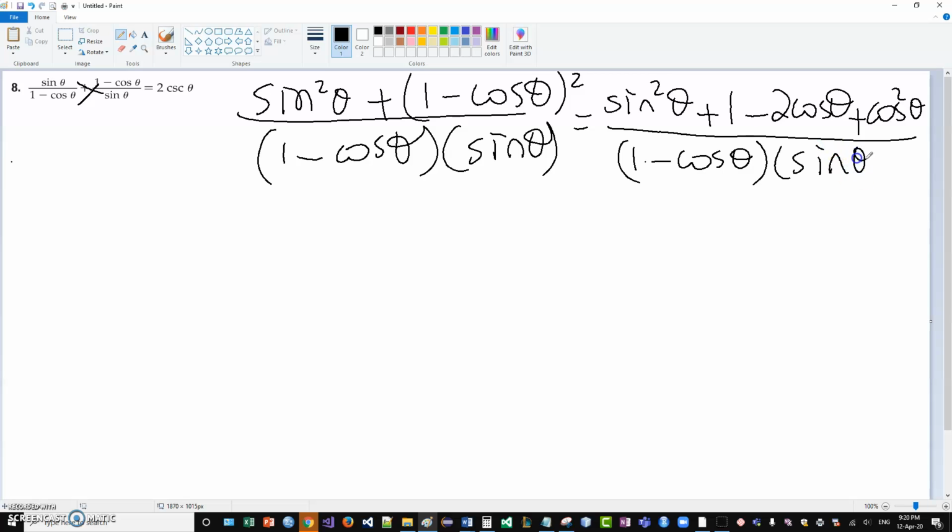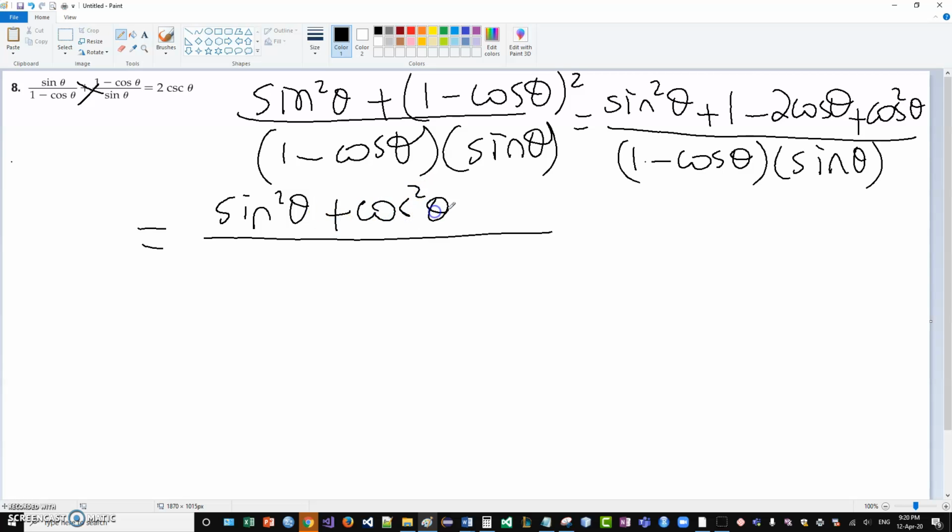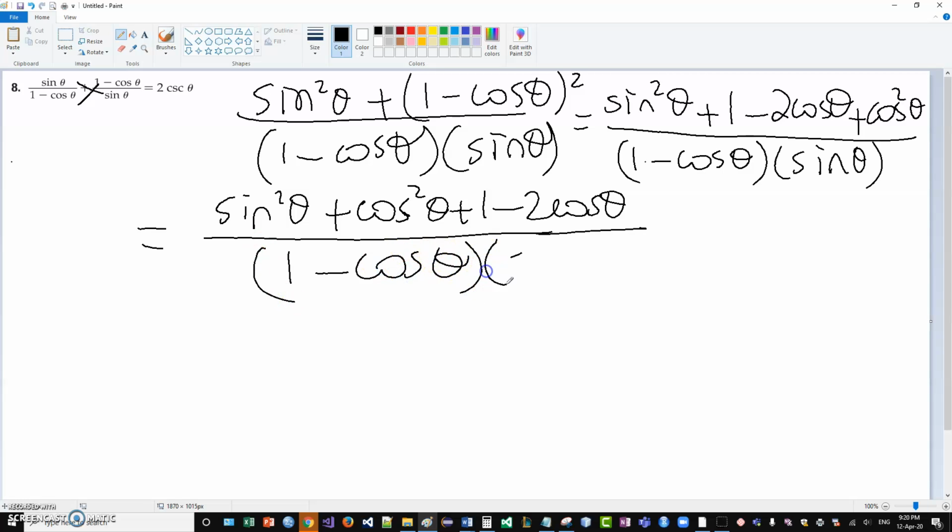times sine theta. So we have sine squared theta plus cosine squared theta plus 1 minus 2 cosine theta, over 1 minus cosine theta times sine theta.